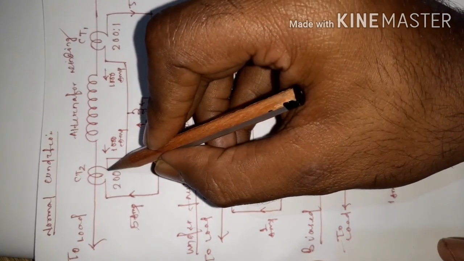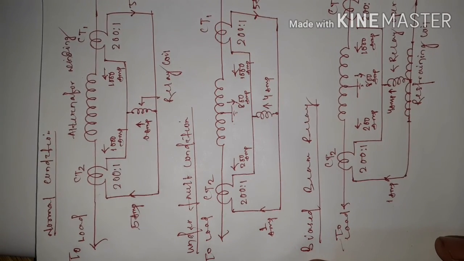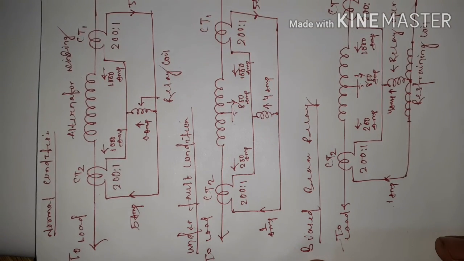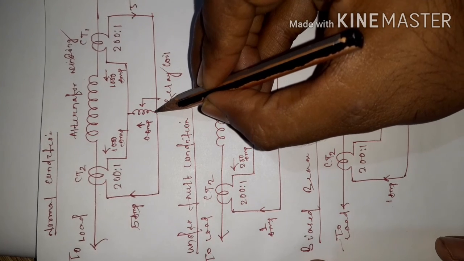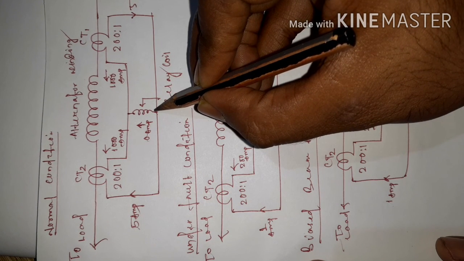Two CTs of similar rating are used on both sides of the alternator winding, and a relay coil is connected in parallel with these two CTs.